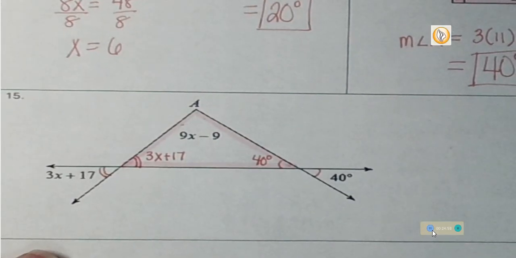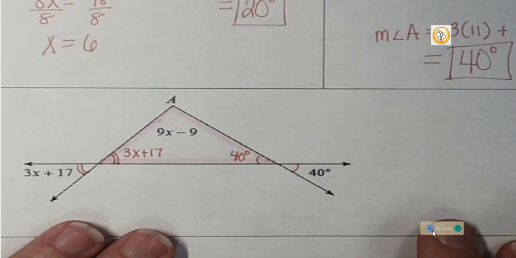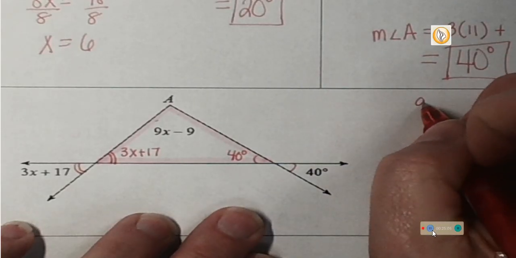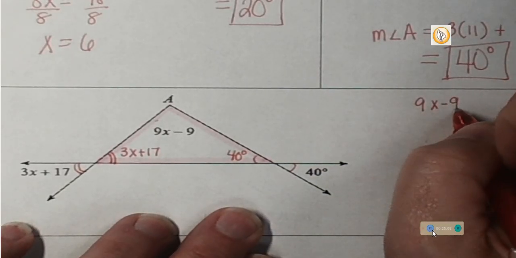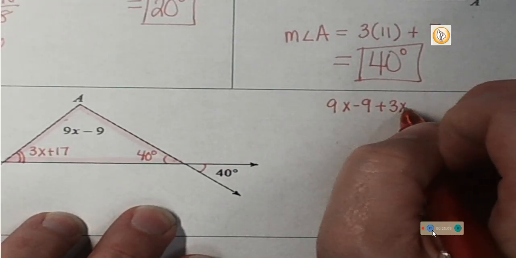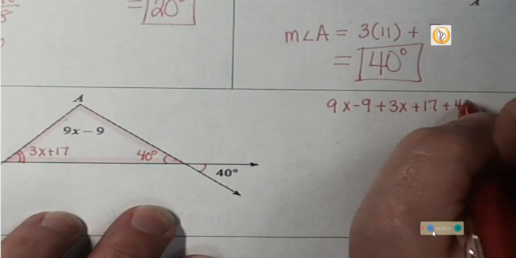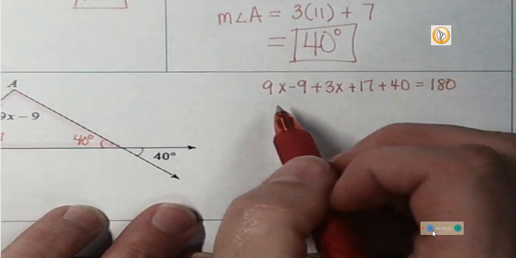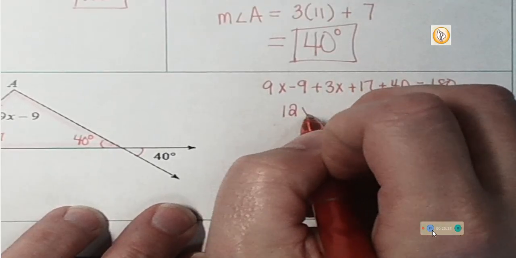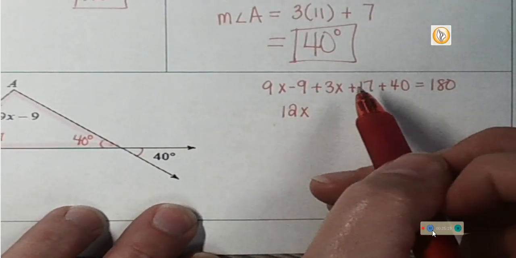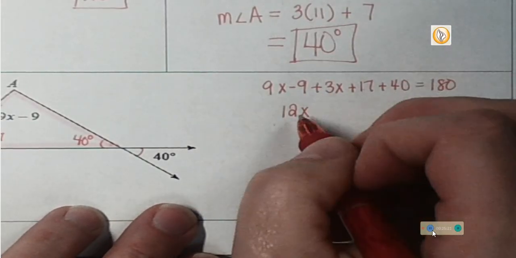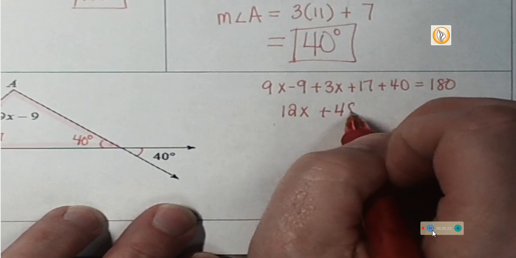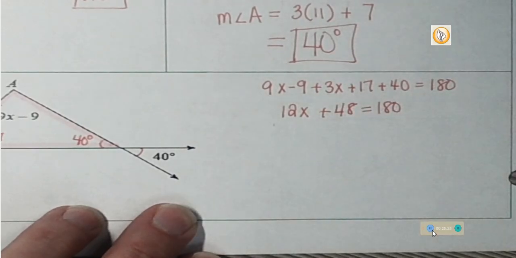What do you know about the angles in my pink triangle? There you go. 9x minus 9 plus 3x plus 17 plus 40 equals 180 degrees. So combine like terms, 9 and 3 gives me 12x. Negative 9 plus 17 plus 40 gave me 48 to equal 180.